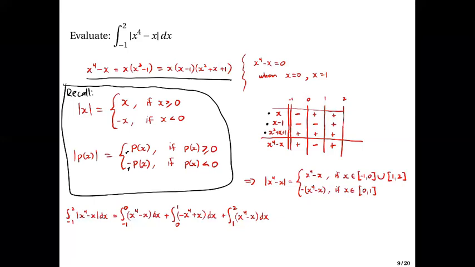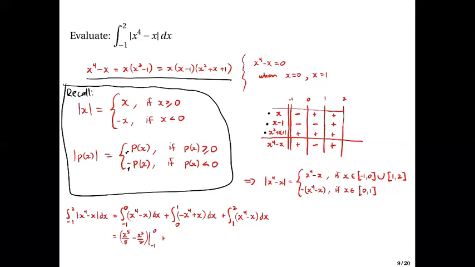Okay? And now you can easily evaluate this. There's no absolute values on the right hand side anymore. So if we evaluate this, this is just x to the 5 over 5 minus x squared over 2, evaluated from -1 to 0.